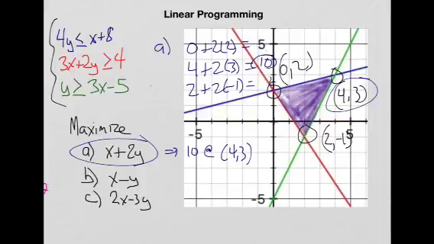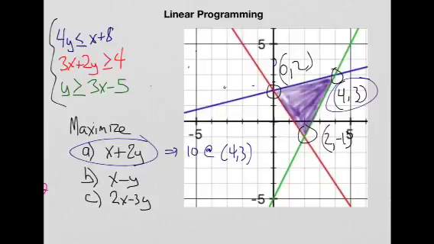Let's look at the next one. To look at my letter B, I do the same thing. I take x minus y. I look at that at all 3 of my vertices. So we're going to do 0 minus 2 is a negative 2. 4 minus 3 is 1.